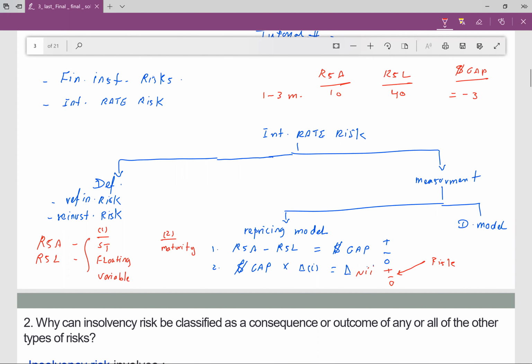Now, this minus 30 means I will get my money back from the borrowers, which is the assets of 10, but I have to pay 40.